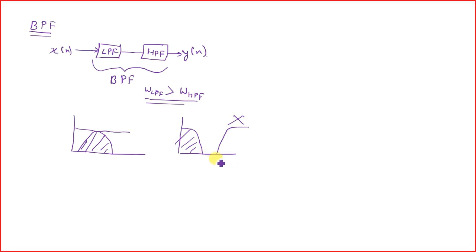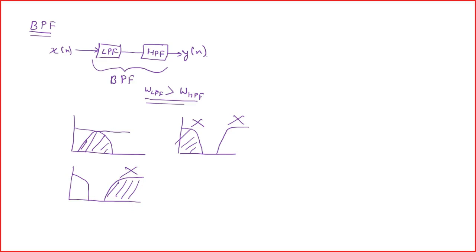On the contrary, it rejects the low pass region too. Similarly, if you implement the high pass filter first, you get this region, your low frequency components are already rejected, and then when you implement the low pass filter, it eliminates the high frequency components. So basically you get nothing.